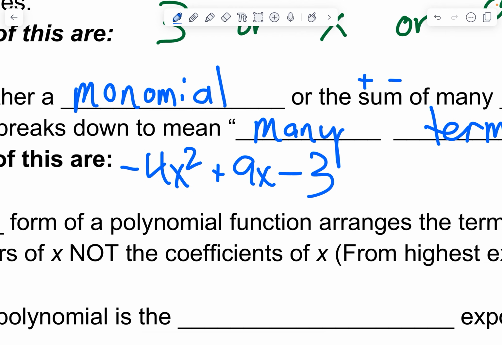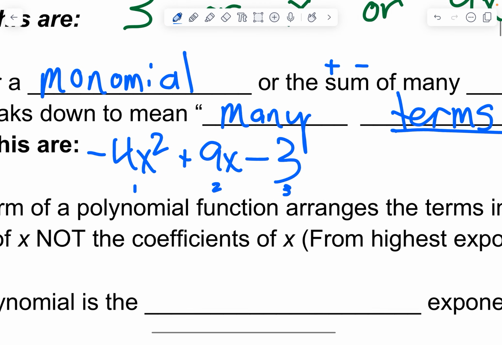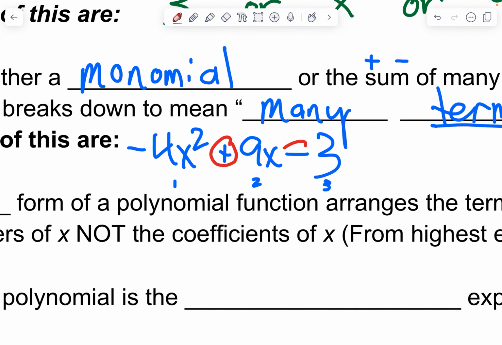Look, I have 1, 2, 3 monomials, which I'm going to call terms, that are separated by plus and minus. Now notice how I didn't circle this one right here, because that's just a negative attached to the 4x squared. That all by itself is a monomial. I'd obviously have to have something in front here if I wanted to treat that as a subtraction sign.